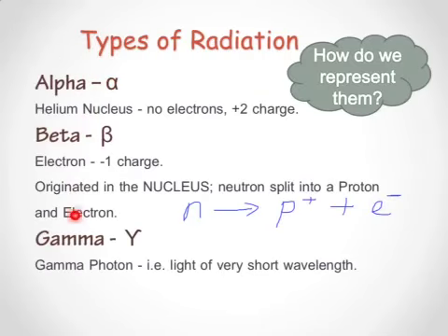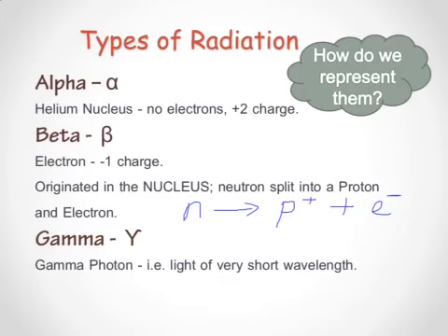Let's revisit the 3 types of radiation. Alpha is simply a helium nucleus because it has 2 protons and 2 neutrons. But because it has lost 2 electrons, the overall charge is positive 2, or 2 plus. Beta is simply an electron, so the charge is negative 1.